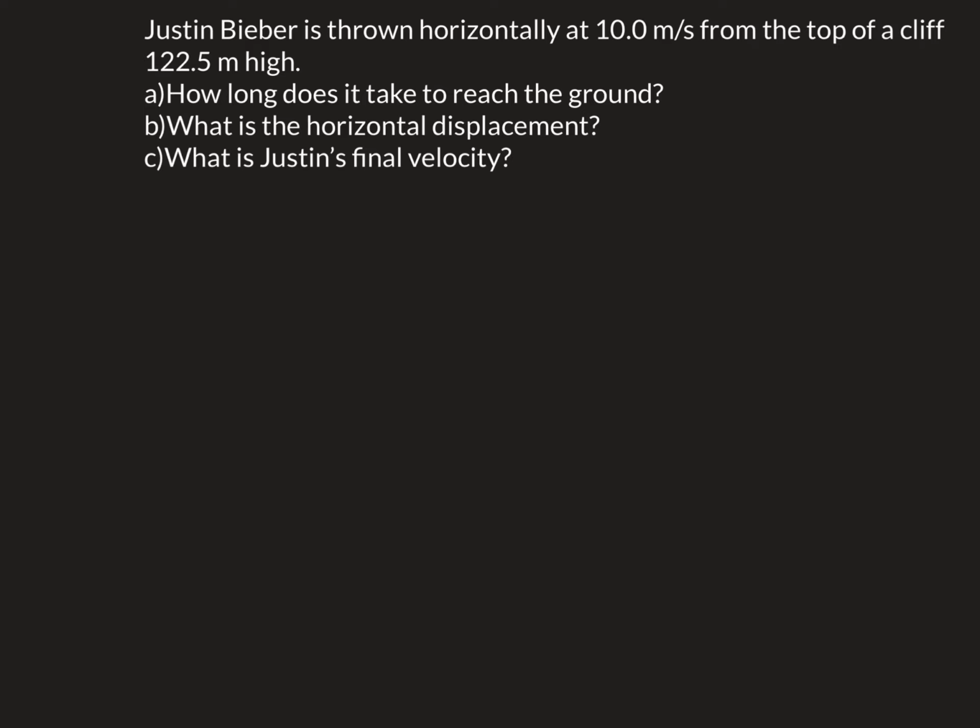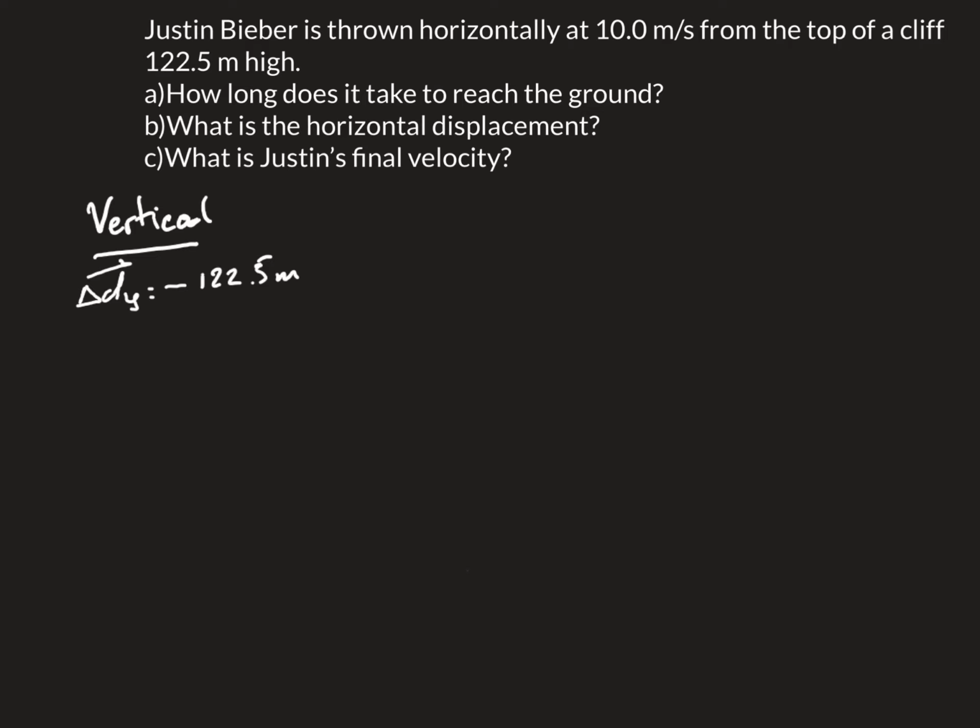So first and foremost, let's take a look at just writing down the vertical components and then the horizontal components. On the vertical side, we know his change in displacement, and that's going to be negative 122.5 meters, because we're going to assume that up is positive and down is negative. So since he's going top to bottom, he's moving down.